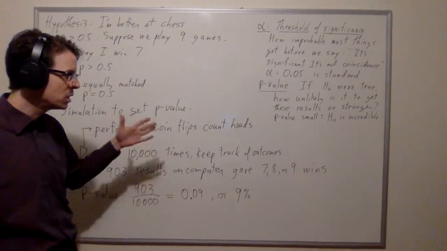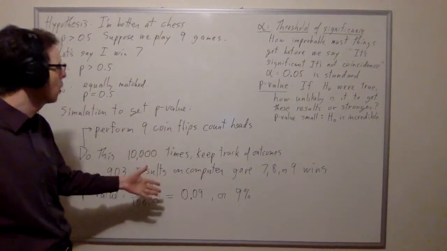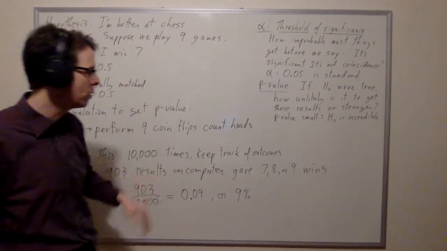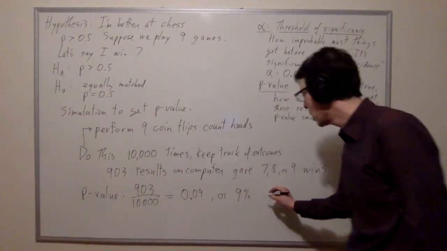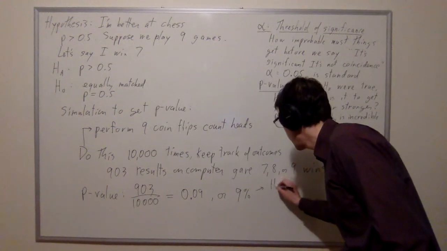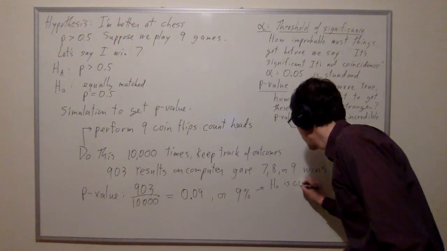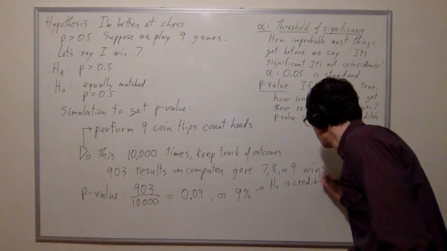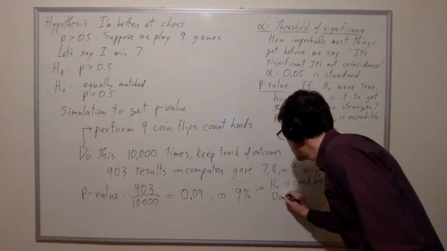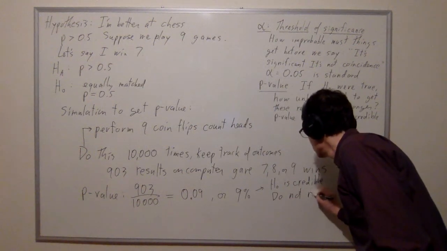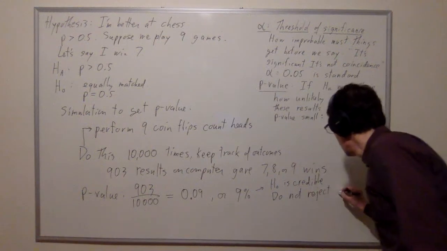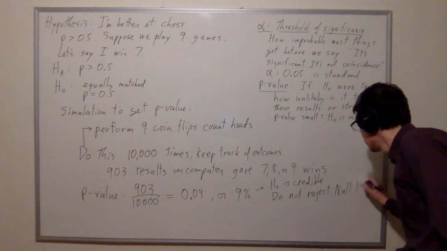We say the null hypothesis is credible. This could be a coincidence. We don't actually have enough evidence. So let's summarize what we say here. We say H naught is credible, and we do not reject the null hypothesis.